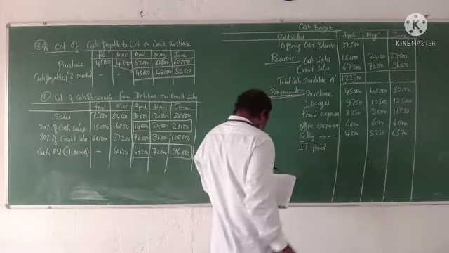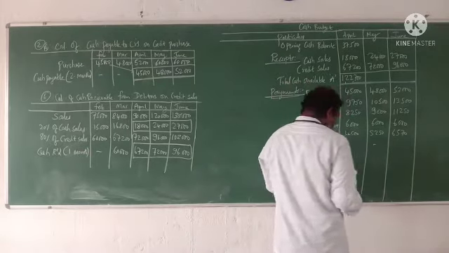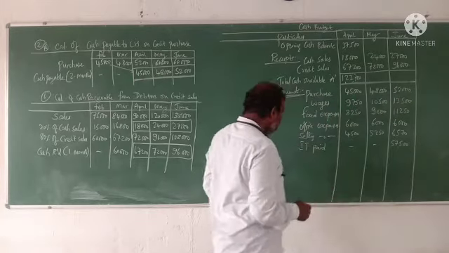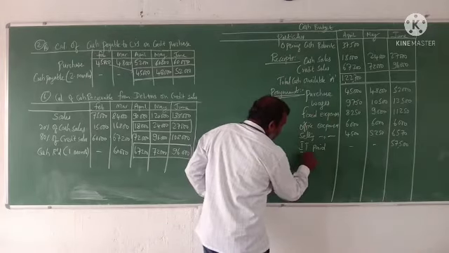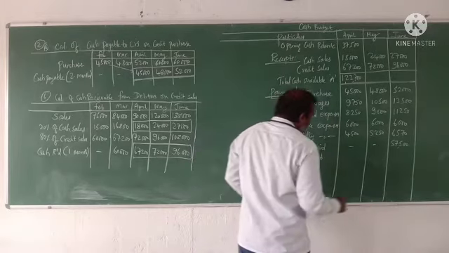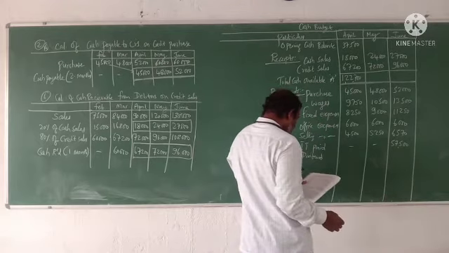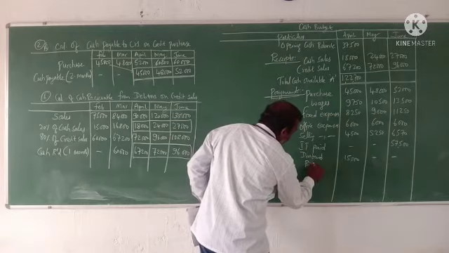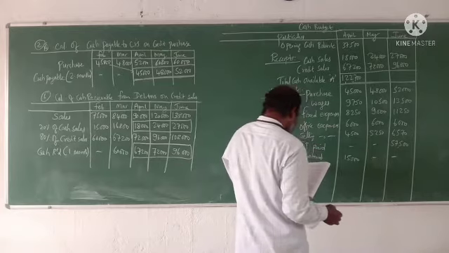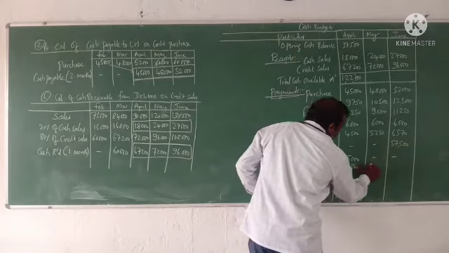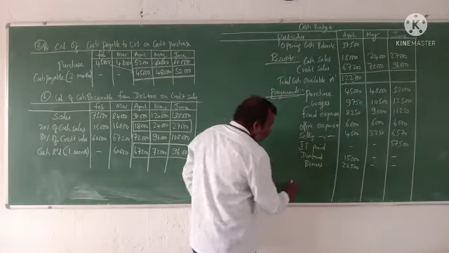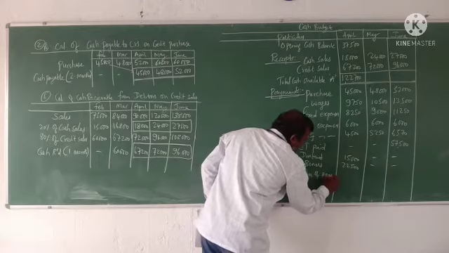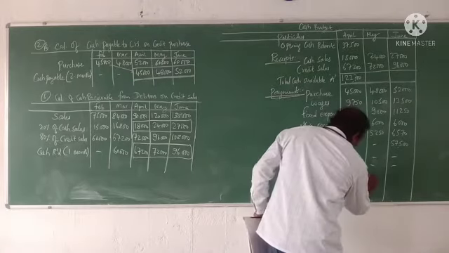The income tax is paid only in the month of June, that is 57,500. The other adjustment, dividend, is paid only in the month of April, 15,000. Bonus, 22,500 only in the month of April. Purchase of plant and machinery is only in the month of May, 1,20,000.